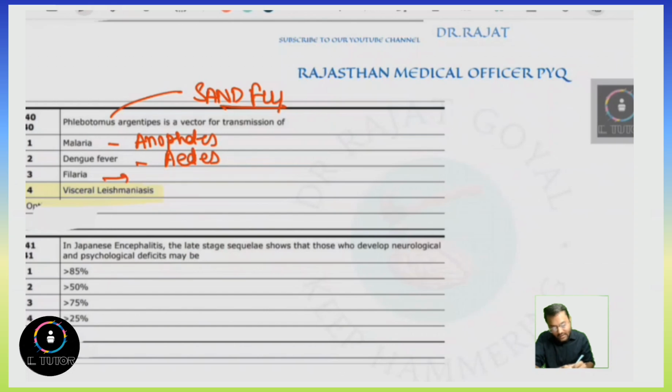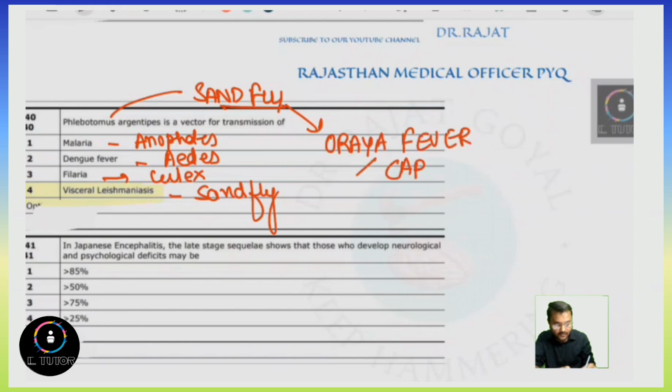For filaria, it is Culex, and for visceral leishmaniasis, it is sandfly. Sandfly also acts as a vector for Oroya fever or Carrion's disease. So the answer will be option number 4, visceral leishmaniasis.